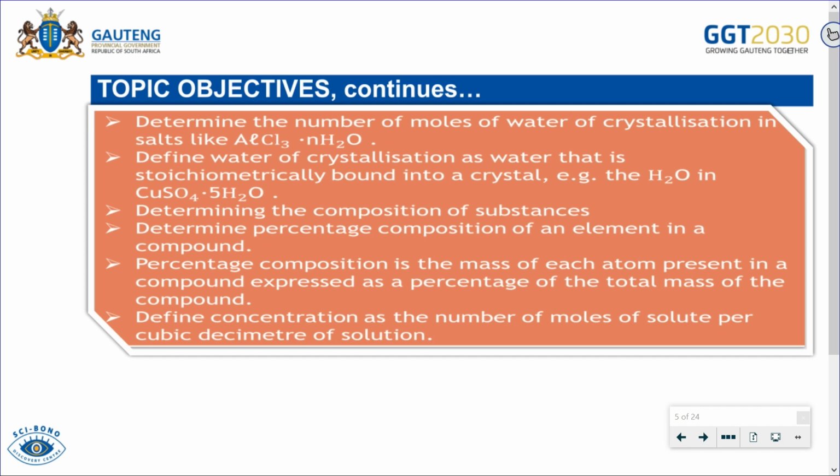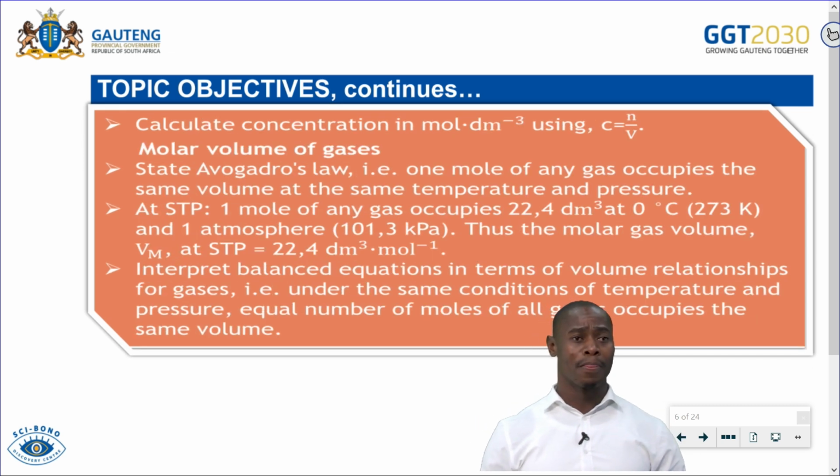Then next week we'll be focusing on calculating the number of moles of water of crystallization, the definition of percentage composition, defining the concentration of a substance in a solution, and also calculating the concentration of a solution.